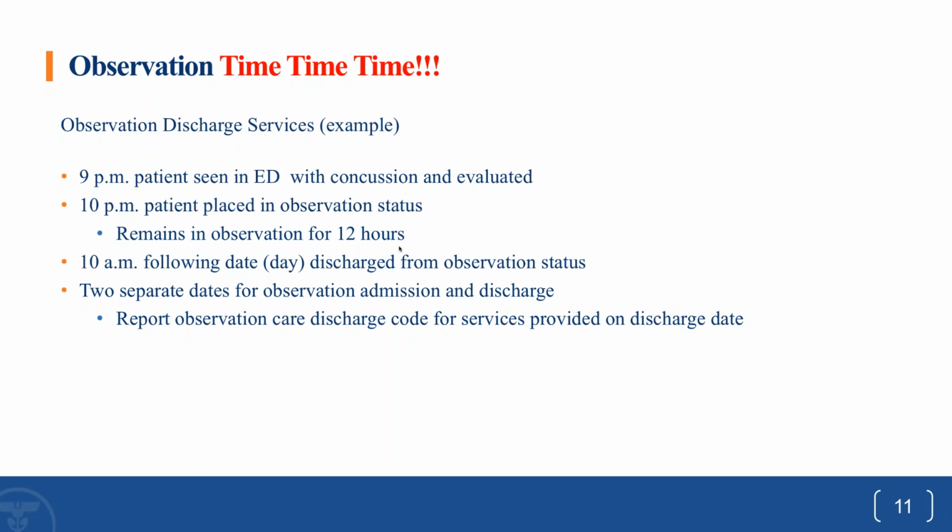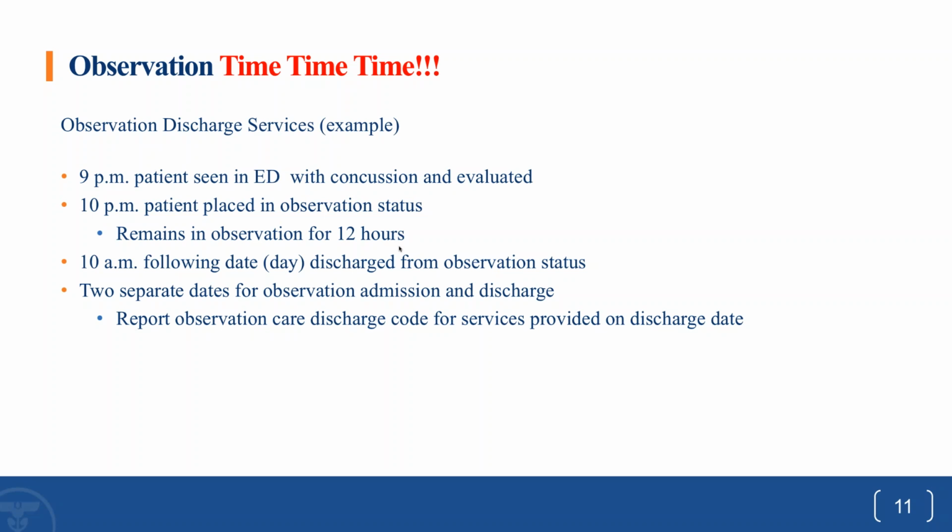We're looking at how long they've been in, what time they went in. 10 a.m. the following day, they're discharged from observation status. So if they're in one day, out the next day, they're going to need 2 separate dates for observation admission and discharge. And it says report the observation care discharge code for services provided on this discharge date.